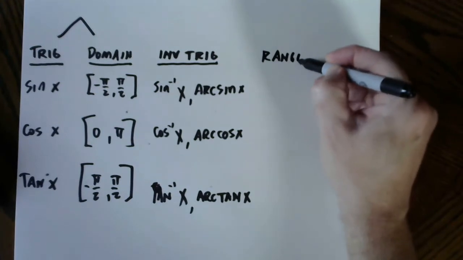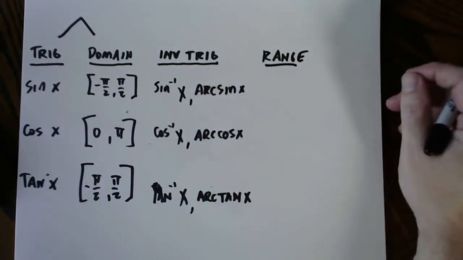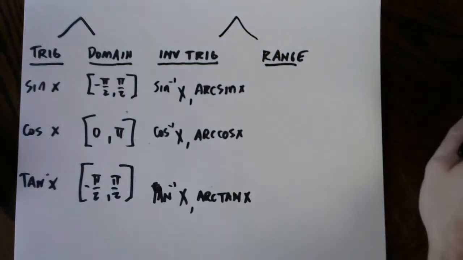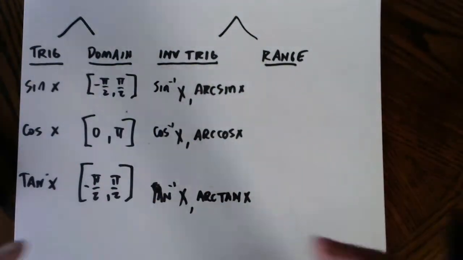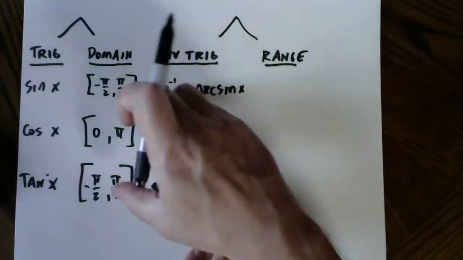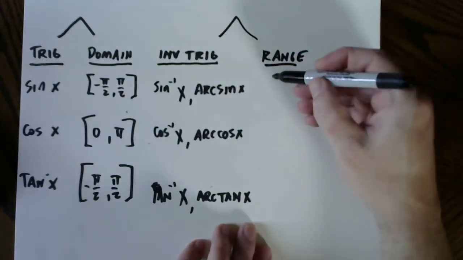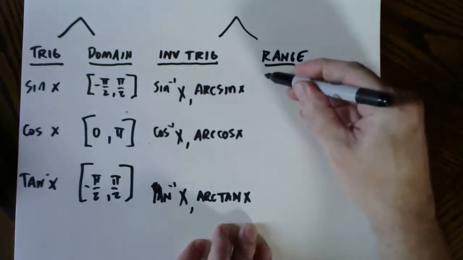So, yeah, this is not going to fit completely, so I'm going to have to do something here. But we remember that when you have inverse functions, they swap domains and ranges. So the domain of the trig function becomes the range of the inverse trig functions. So these exact intervals are the range.